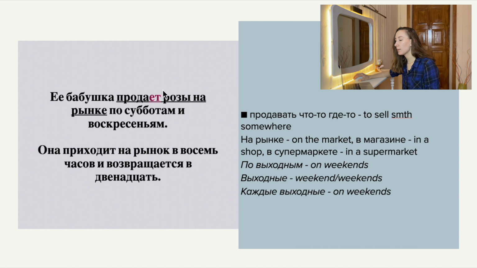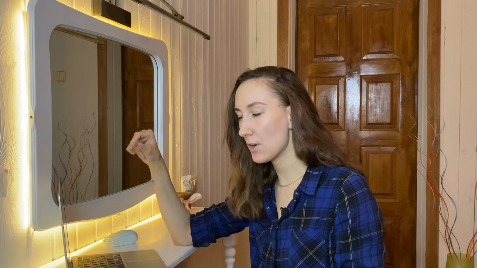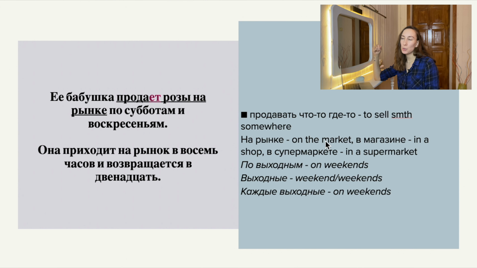Бабушка продает. This situation is very common for our country because we love growing something in our gardens, in our vegetable gardens, in our flower beds, and then sell it. I personally have relatives who grow tomatoes, cucumbers, any sort of veggies, and they actually sell everything they've grown at the market.